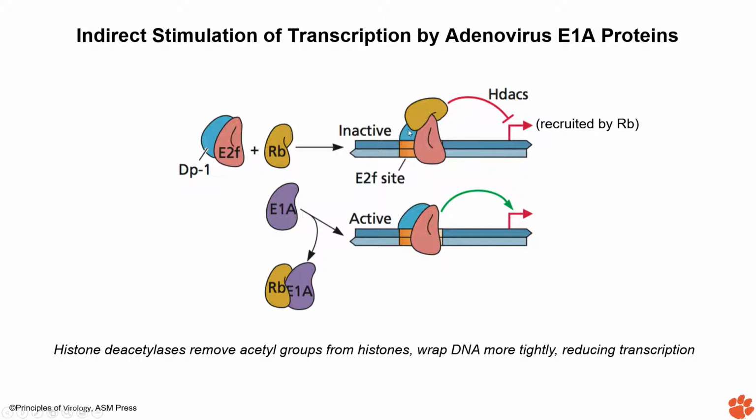And on top of this, it recruits another famous protein, which is the RB, or the retinoblastoma protein. So again, remember that E2F and DP1 recognize some specific DNA sequence, sit on that, and recruit RB. RB is a tumor suppressor gene.